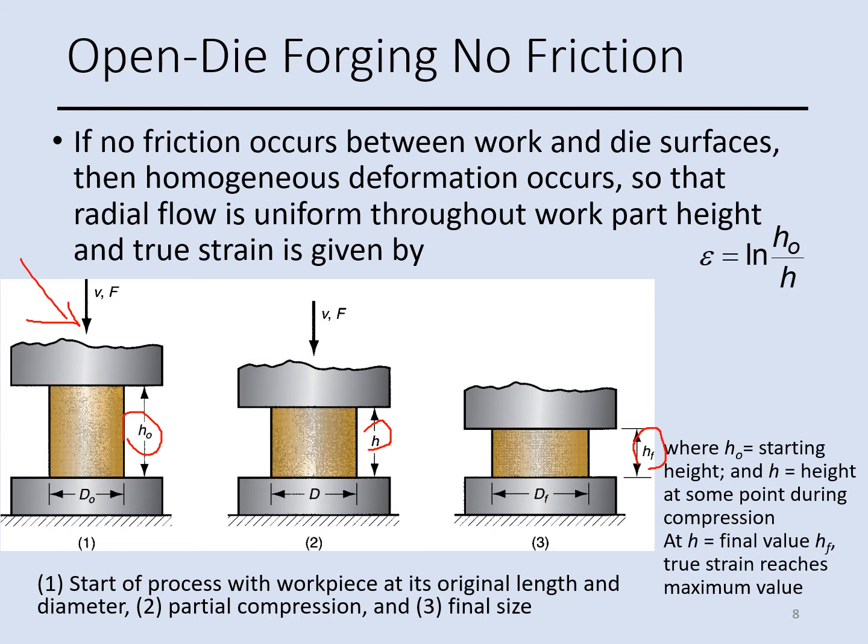If we don't have friction in the process, we use lubrication on the surfaces, then a homogeneous deformation forms so that the radial flow is uniform throughout the workpiece, and the true strain can be calculated by this equation.